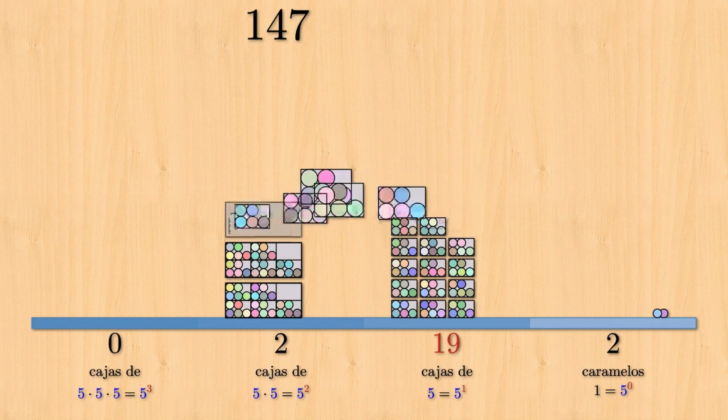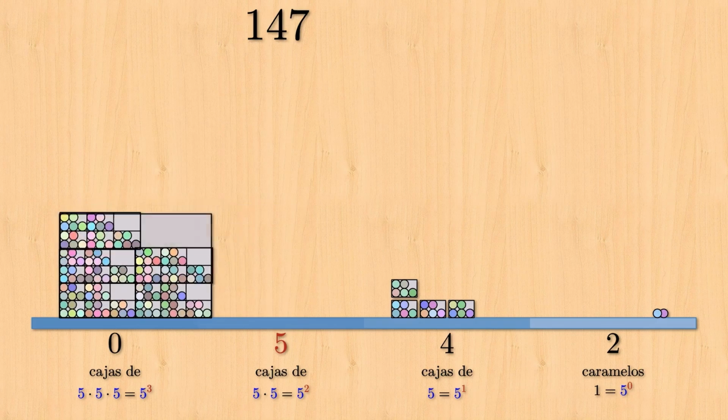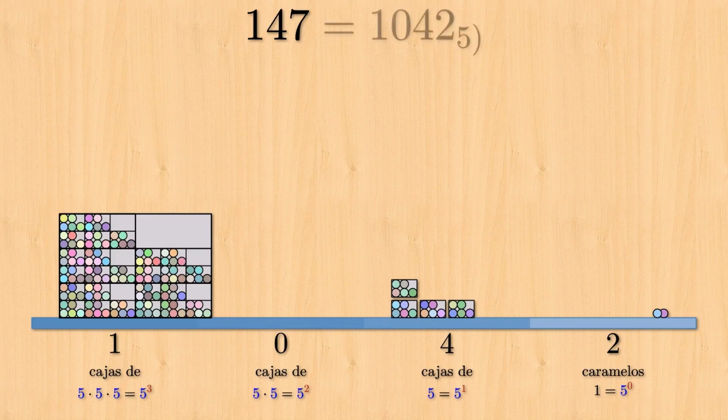These 5 boxes of this type convert into 1 box of this. So 147 converted to base 5 is 1042.